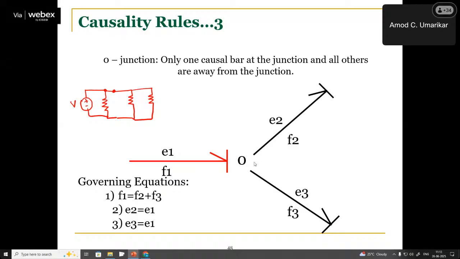Now once it is fixed, can we put another causal bar here? No. Why? Because the effort source will be like a flow source.